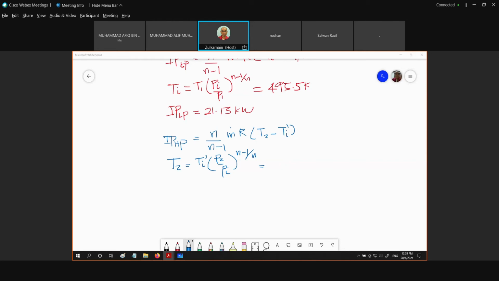So from here, we are going to have T2 as 464.0 Kelvin. And then after solving T2, we will get the IP as 16.90 kilowatt.